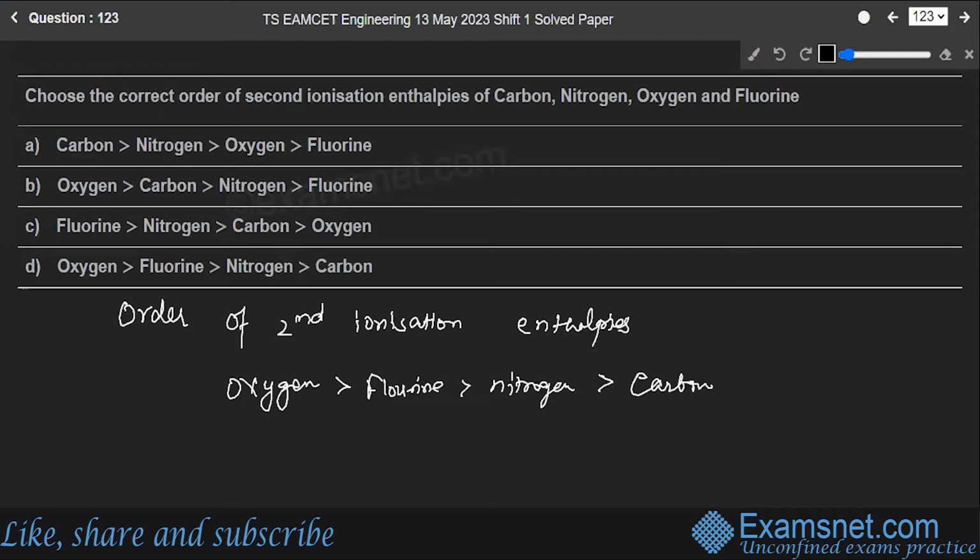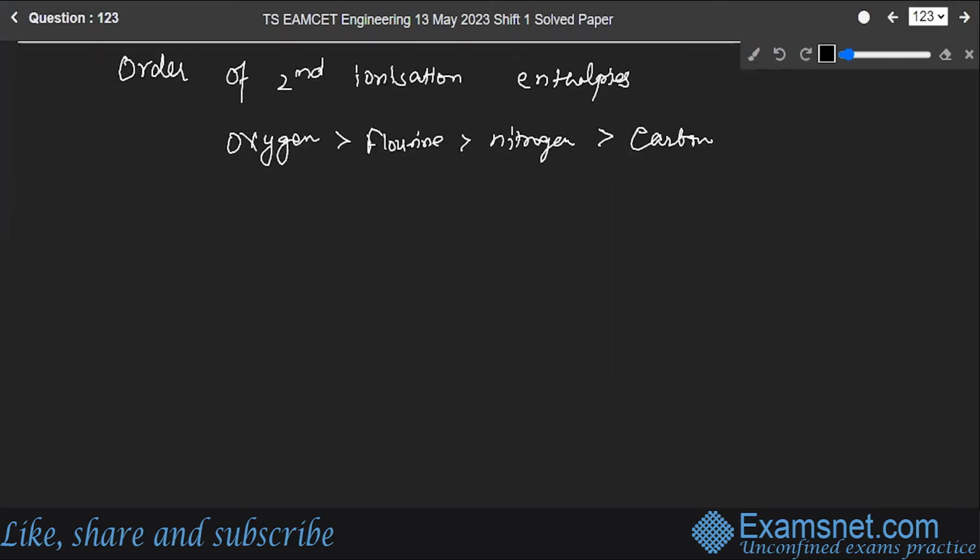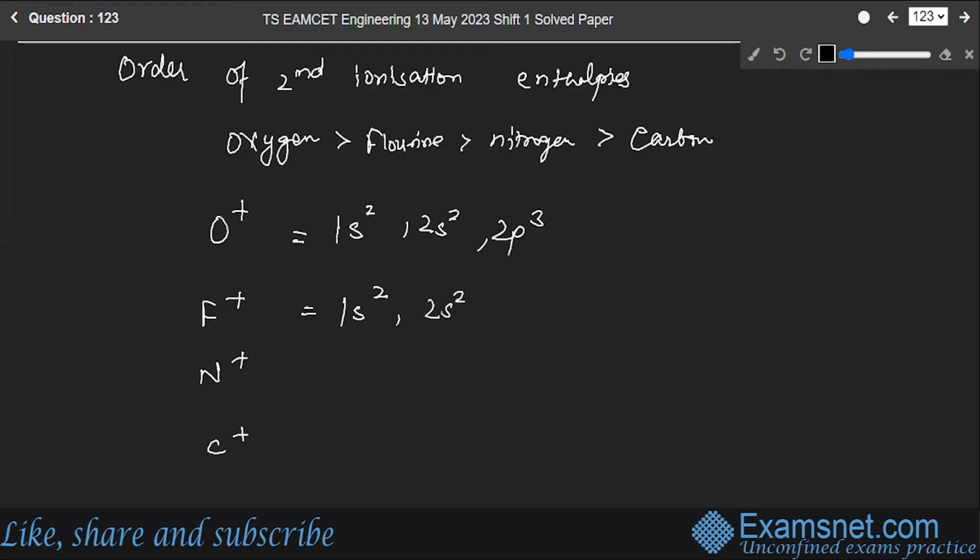Electronic configuration of elements after removal of first electron will be O+, F+, N+, and C+. So this configuration will be 1s2, 2s2, 2p3; 1s2, 2s2, 2p4; 1s2, 2s2, 2p2; and 1s2, 2s2, 2p1.